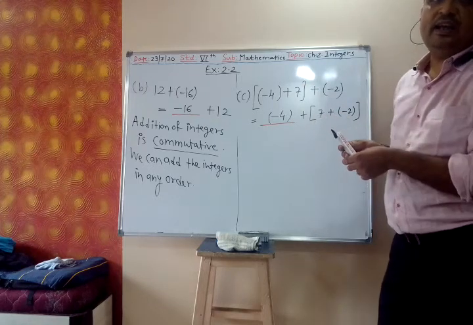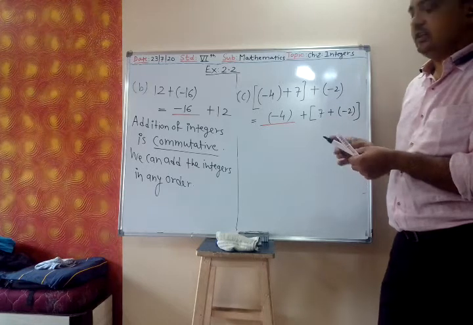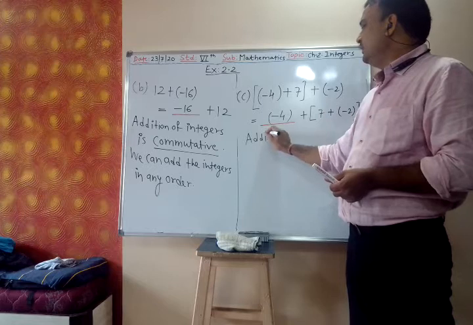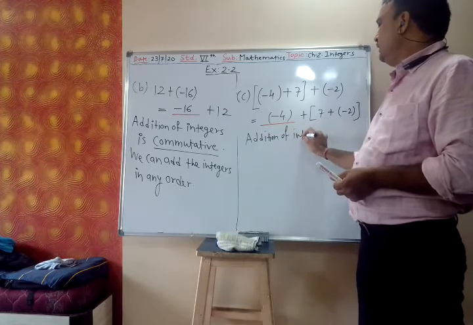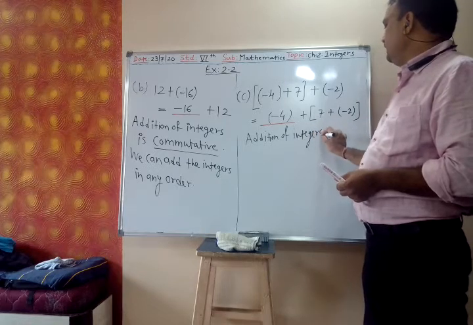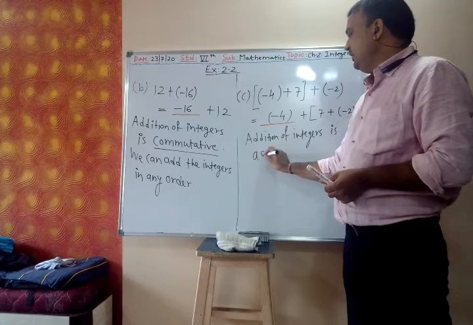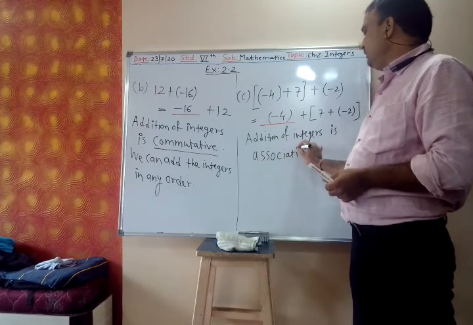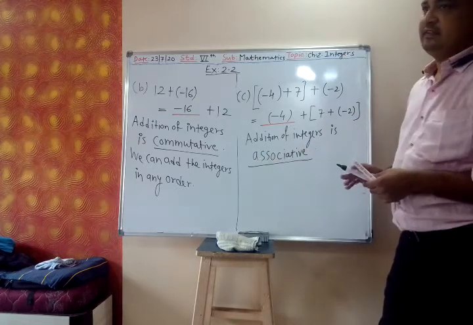So why do they have the same value? Because addition of integers is associative, right? Write the reason. Associative means we can shift the brackets.